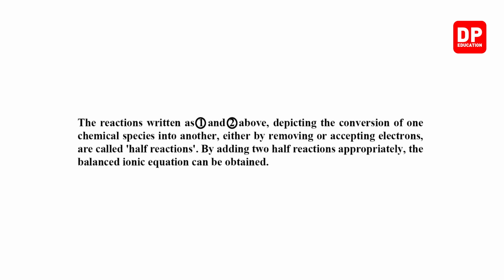The reactions written as 1 and 2 above, depicting the conversion of one chemical species into another, either by removing or accepting electrons, are called half reactions. By adding two half reactions appropriately, the balanced ionic equation can be obtained.